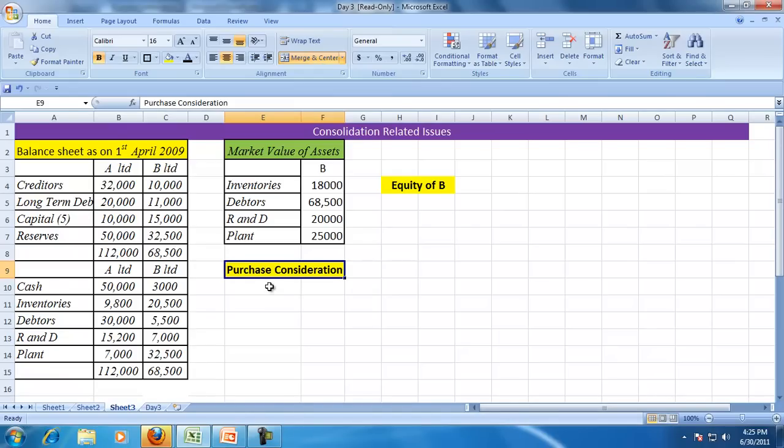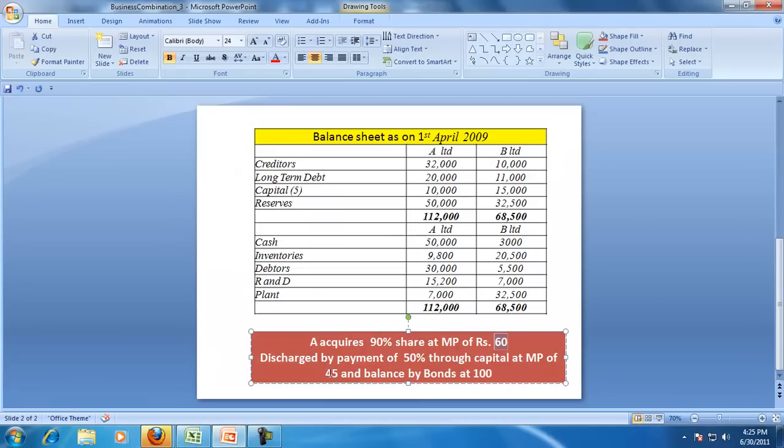So purchase consideration: A acquires 90% of the shares at a market price of 60.